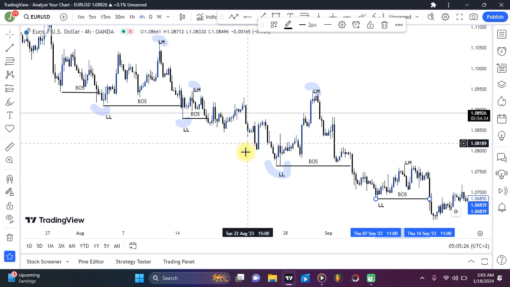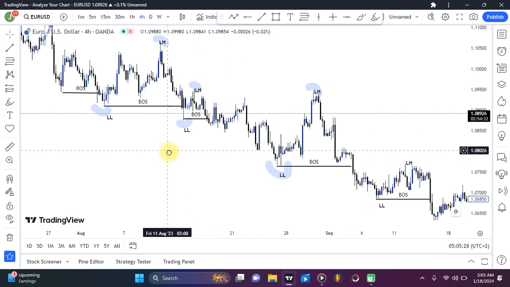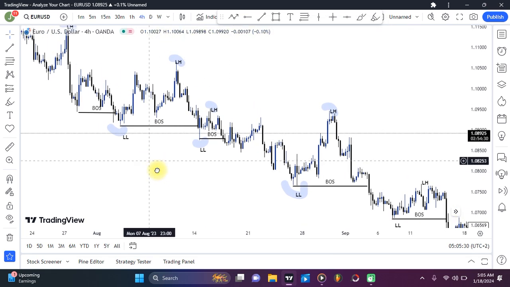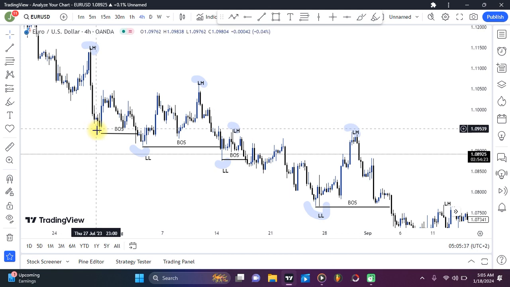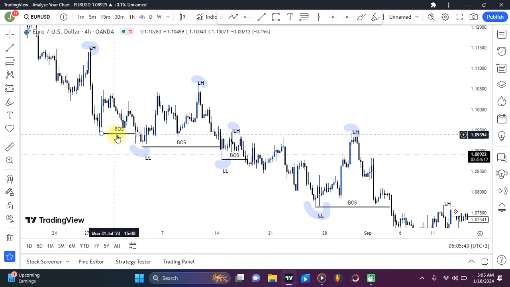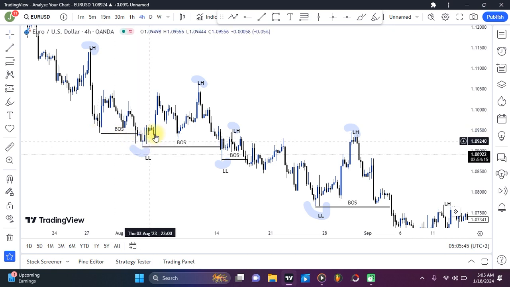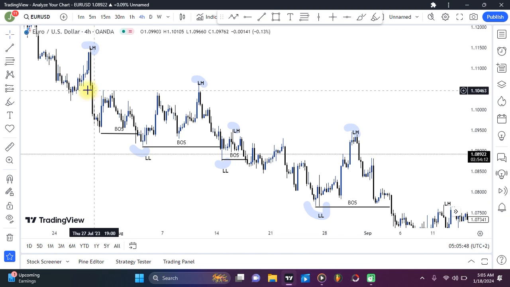So how we trade using breakout of structure is that we wait for the market to reverse, and when it reverses to a significant zone, that's when we enter. For example, this market shot to the downside like that, and then when it made a reversal like this one going to the upside, it traded off a significant area.